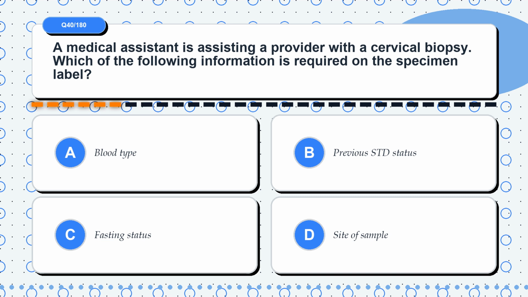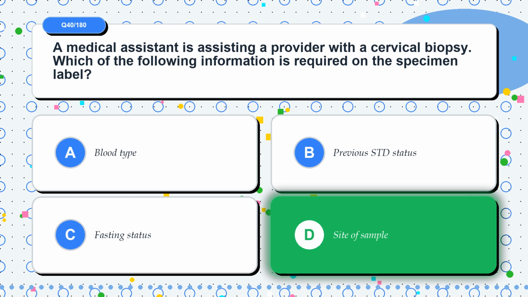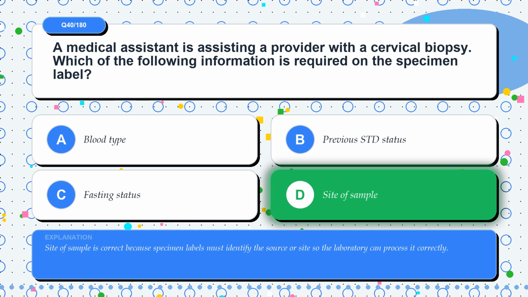Option C, fasting status. Option D, site of sample. The correct answer is option D, site of sample. Site of sample is correct because specimen labels must identify the source or site so the laboratory can process it correctly.